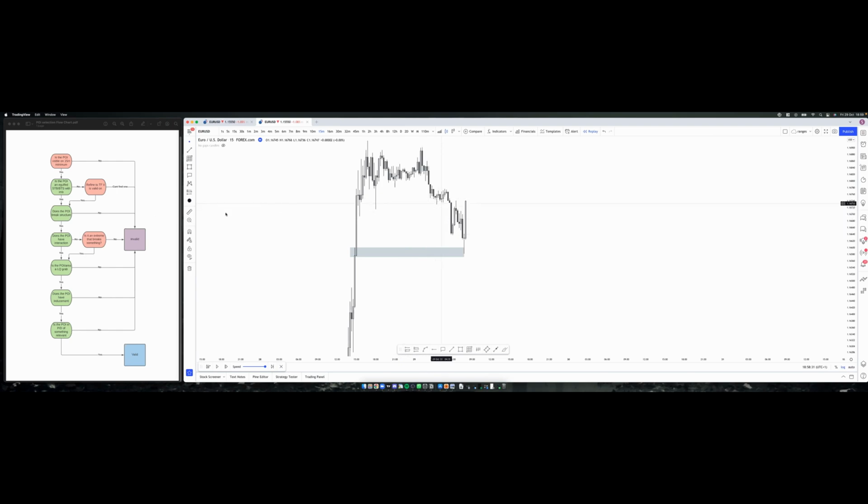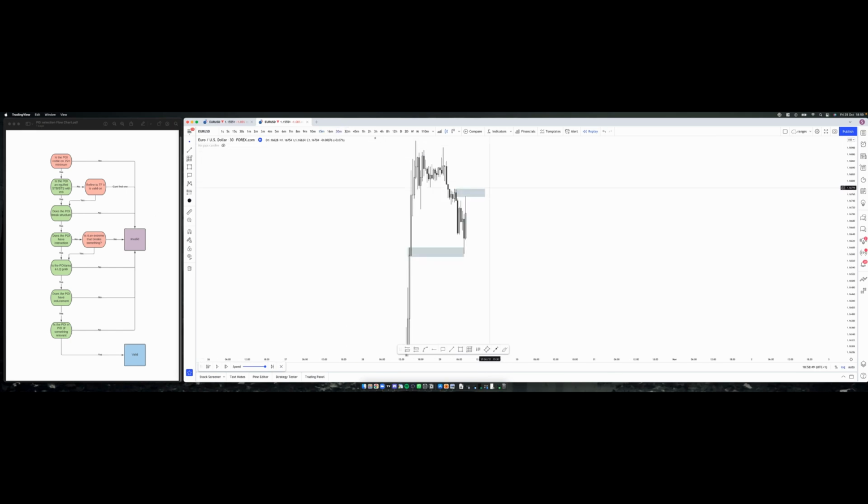So now let's follow our POI thing. Okay, cool, what do we get? Well, we get this, but this candle engulfs both of these. So really, we want to look at this whole thing here.